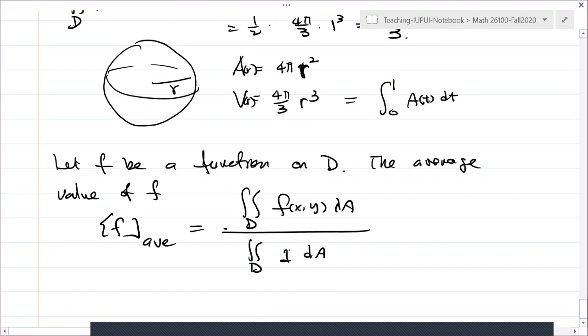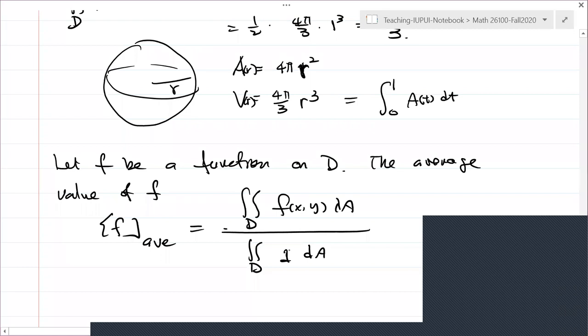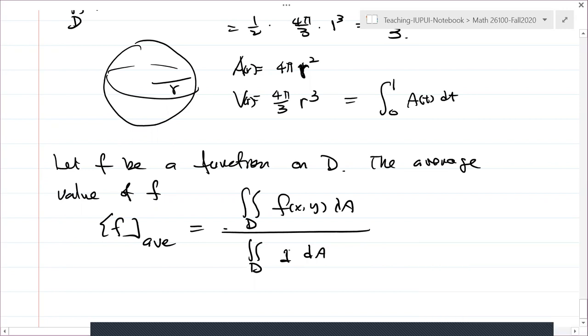And why is it called the average? Because if f is a constant value, then this is just equal to the constant. So as long as you know the definition, you can find the average value using double integrals. There's nothing new here; you just need to know the definition.